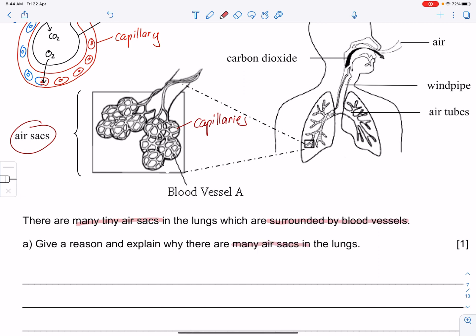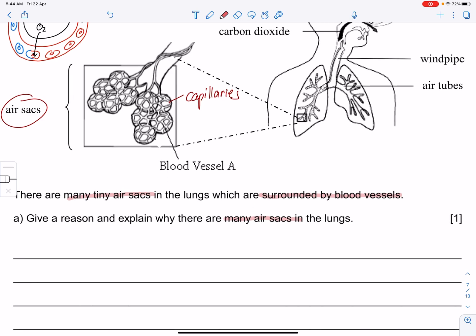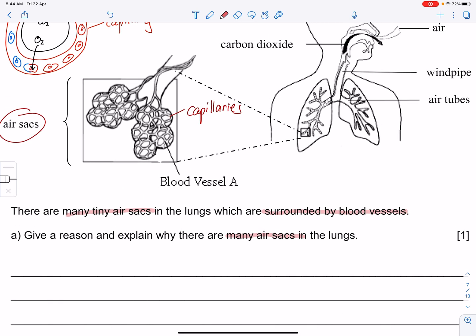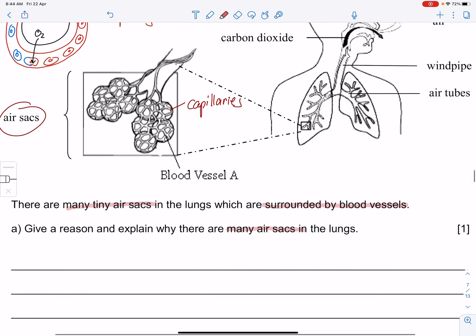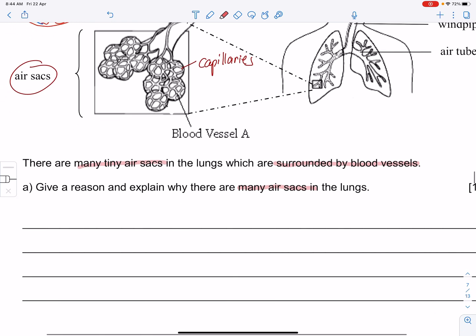Okay, so the key word here is many. Alright, so we know that the function of your air sacs, which are covered by blood vessels, is for gaseous exchange, right? So therefore, how does it help? It increases surface area so that more exchange of gases can happen, or more absorption of oxygen can happen.